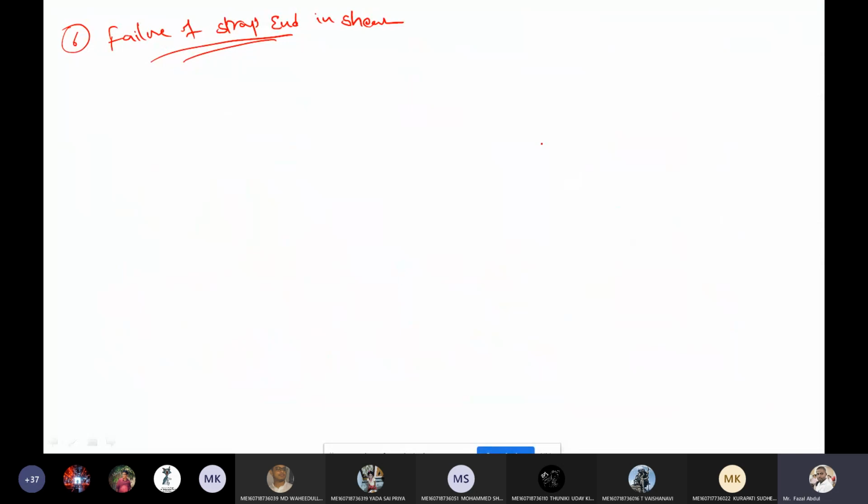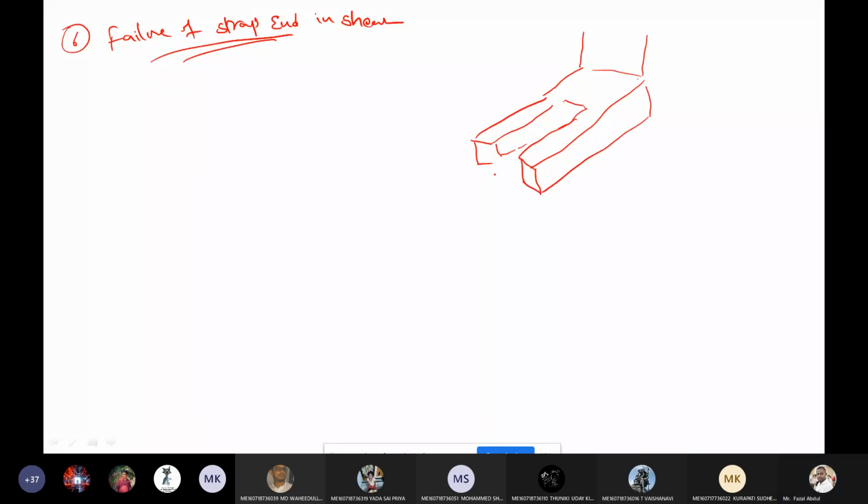I am drawing that one figure here. The failure area I am drawing.